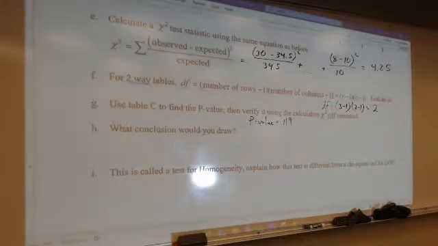It's one variable that's changing. Now for a homogeneity test, we're testing two samples and seeing if the distributions of these samples are the same. There's still one variable. It's the response to the question.